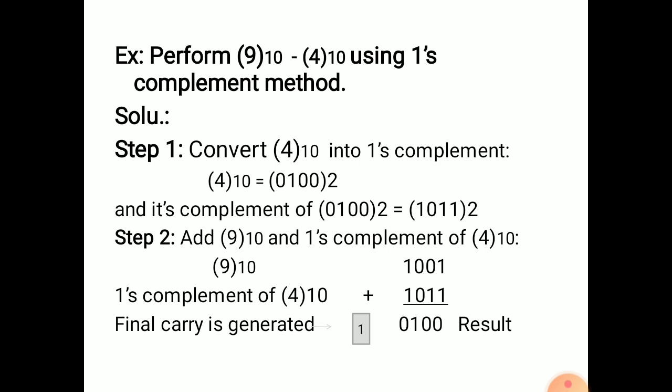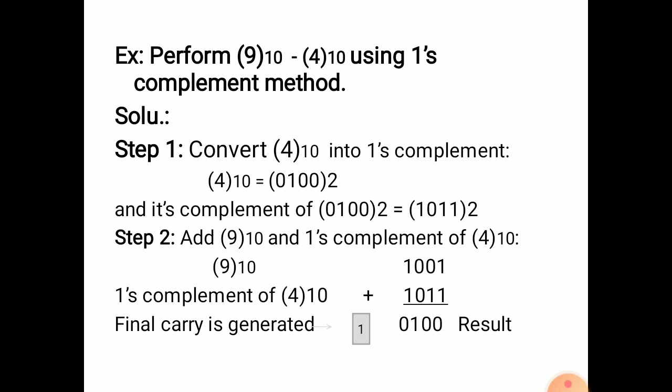Write down the binary equivalent numbers. First, 9 to the base 10 equivalent is 1, 0, 0, 1. Add with 1s complement of 4, that is 1, 0, 1, 1. Its result is 0, 1, 0, 0 with carry 1.